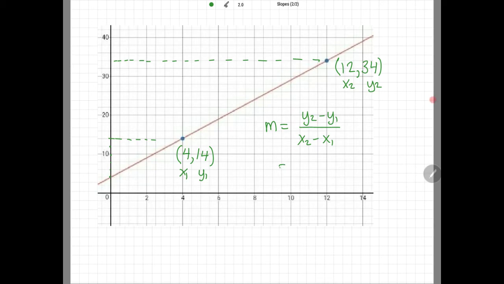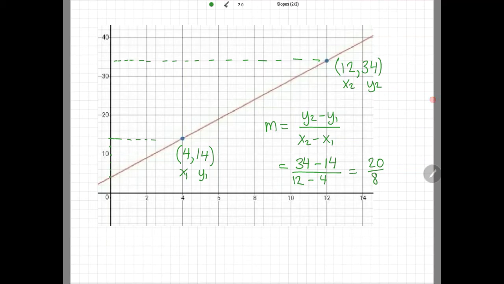So when I want to take y2, that's going to be 34. So we're going to have 34 minus y1, which is 14. And then we're going to divide that by x2, which is 12, minus x1, which is 4. So 34 minus 14 is going to give us 20. 12 minus 4 is going to give us 8.